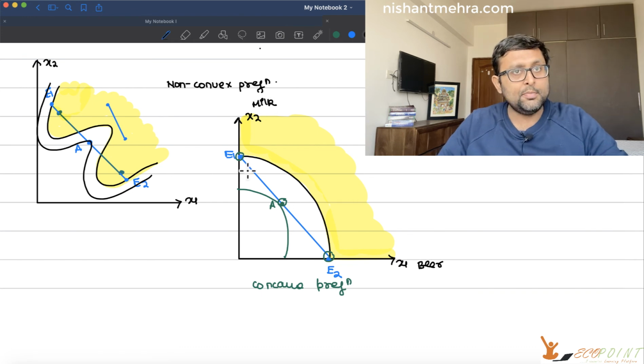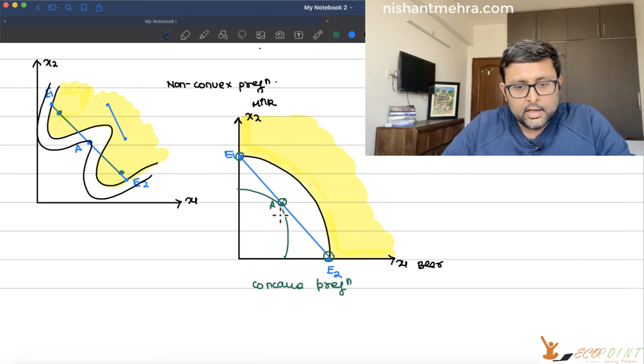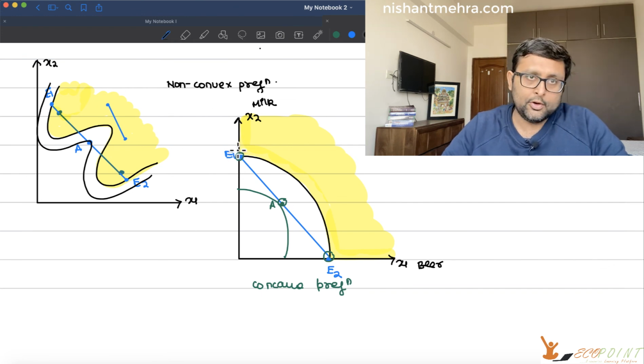So at a given point of time, I'll consume either beer or milk. So if I'm at point E2, let's say, I'm consuming only beer and no milk. If I'm at point E1, I'm consuming only milk and no beer. That seems to be true as far as beer and milk are concerned.